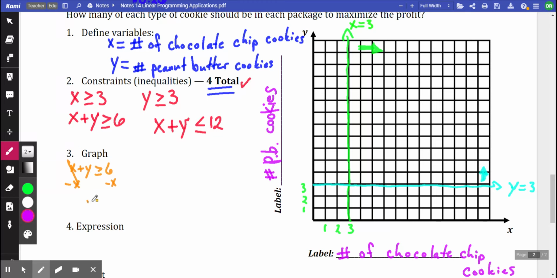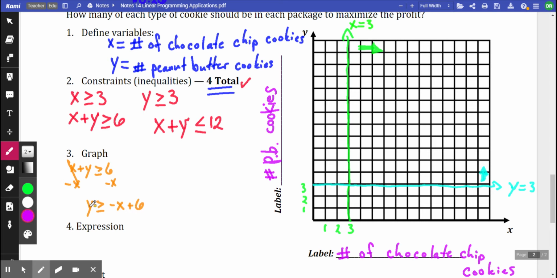And we'll have y is greater than or equal to negative x plus 6. Remember, we cannot combine these terms because they do not both have the variable x. But we should be able to graph this one.